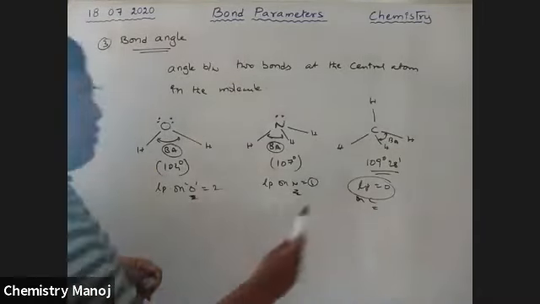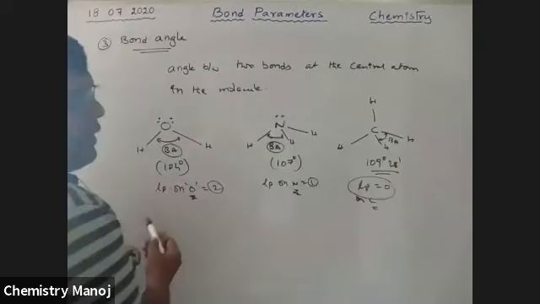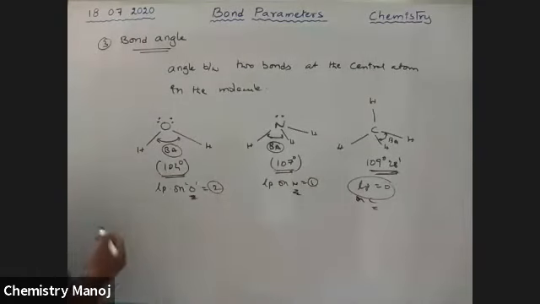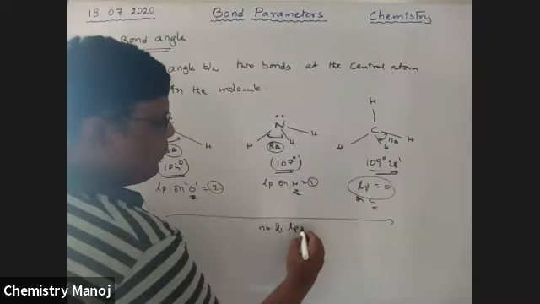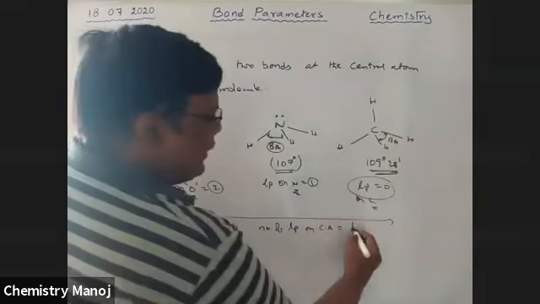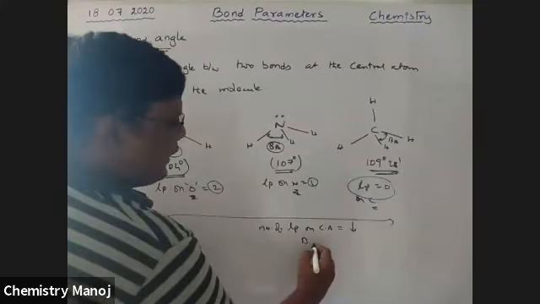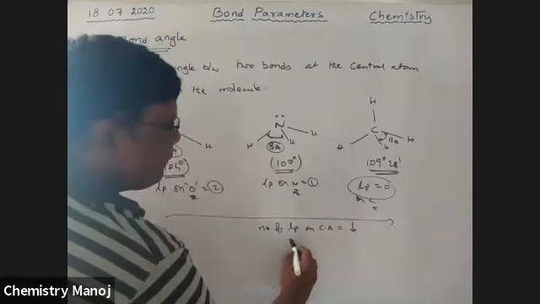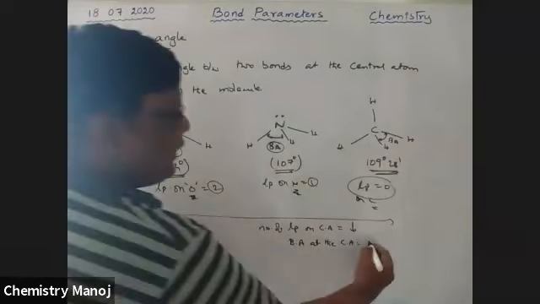See here, as lone pairs decrease, this is 2, this is 1, this is 0, the bond angle increases: it is 104, it is 107, it is 109. That means from left to right, the number of lone pairs on the central atom decreases, but the bond angle at the central atom increases.